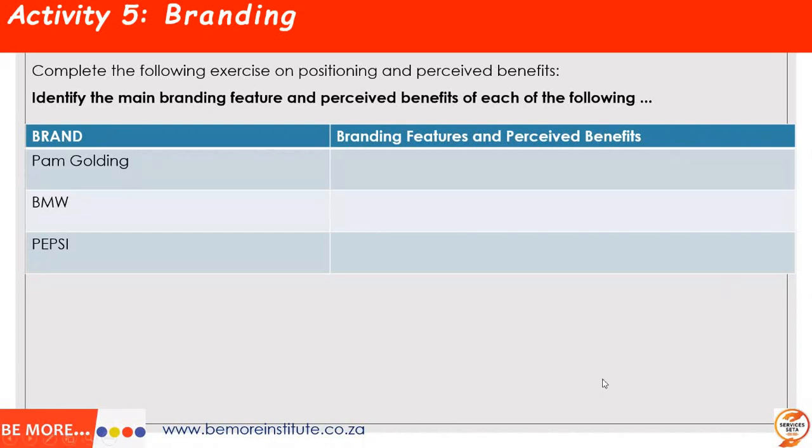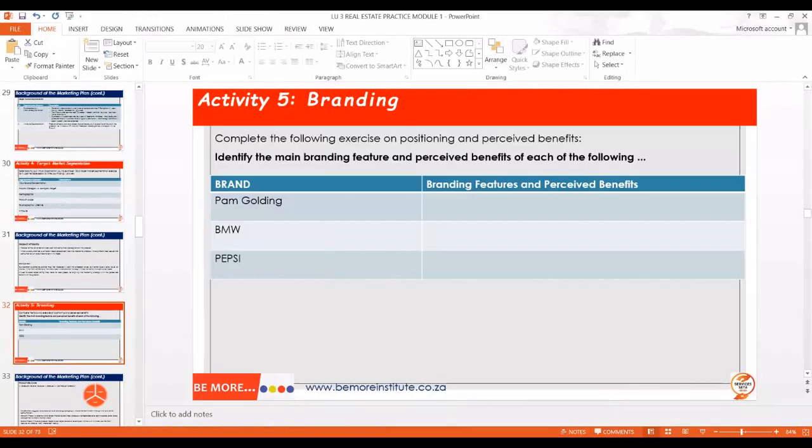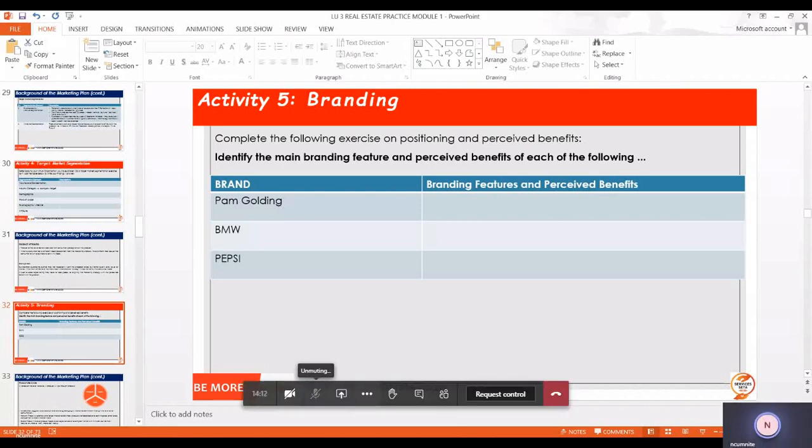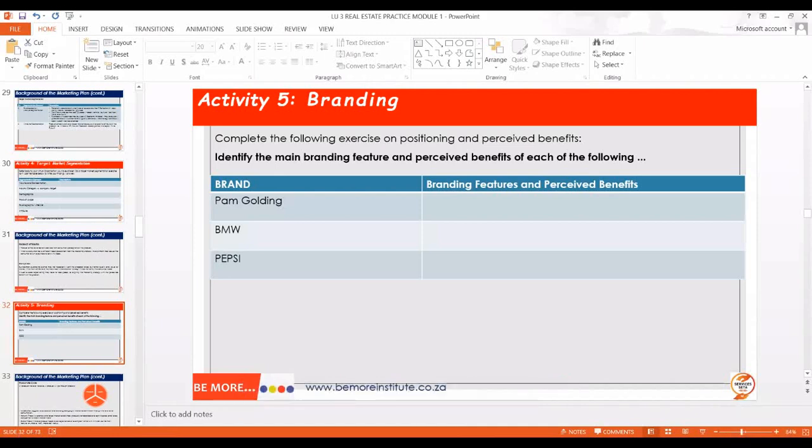Anyone who'd like to give it a try, what you think we're getting from a BMW? Is CD here? Nompilo? I'm here. Okay, all right. Do you want to give it a try for the BMW?